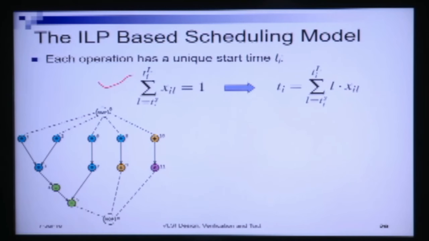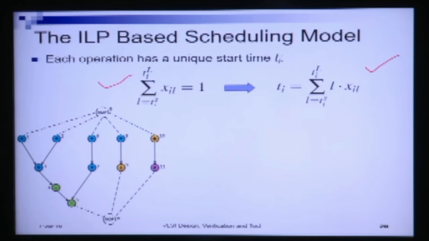Now, given these ASAP and ALAP times, what will be the start time of that operation? The start time of that operation can easily be denoted as shown on the right of this slide: T_i equals summation over l equals T_i^S to T_i^L of l times x_il. So, for example, let us say that I have an operation that has actually started in time step 3.